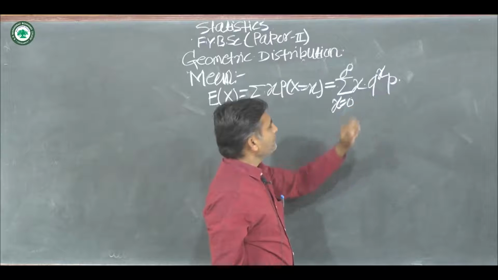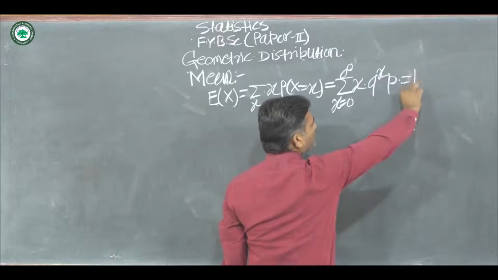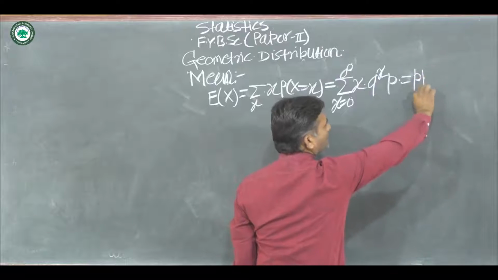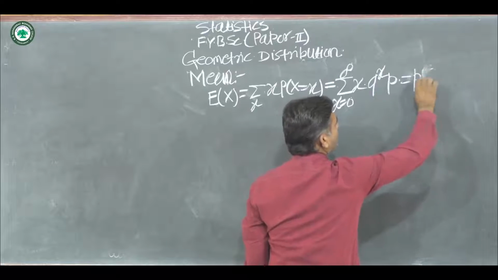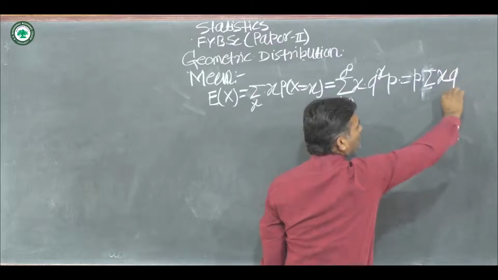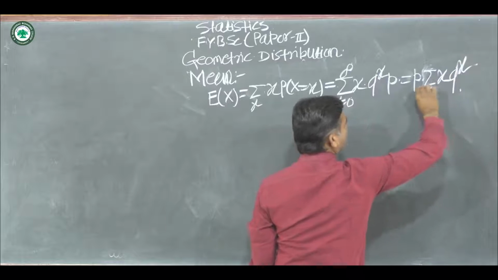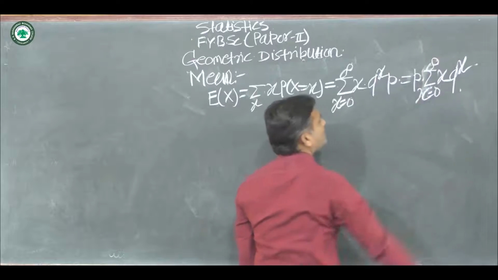Here p is the constant, take it out of the summation sign, so we write p into summation of x into q raised to x, summation over x running from 0 to infinity.